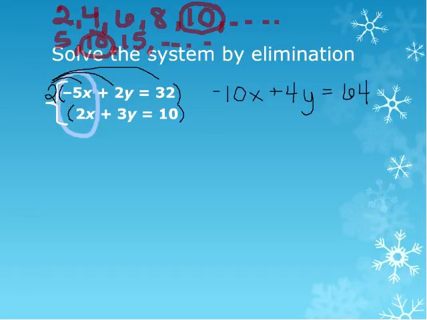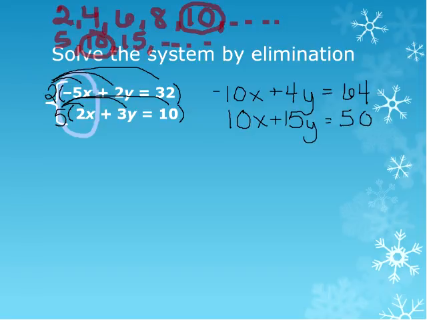So multiply through by a 5, right? Because 5 times 2x is a 10x. 5 times 3y is a 15y. And 5 times 10 is my 50.